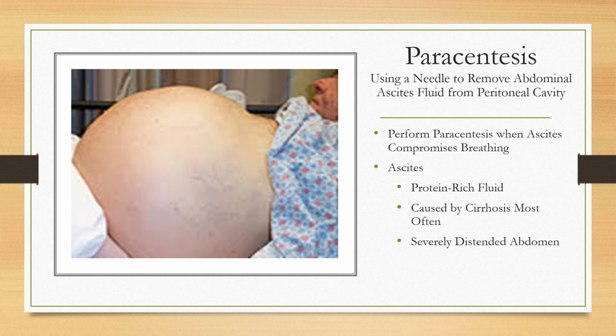Before they're ready for this procedure, they need to fully empty their bladder so that the bladder is not full of urine, and there's a potential to poke the bladder with the paracentesis needle. So we have them empty their bladder. We have them sit upright as much as possible in a high Fowler's position.